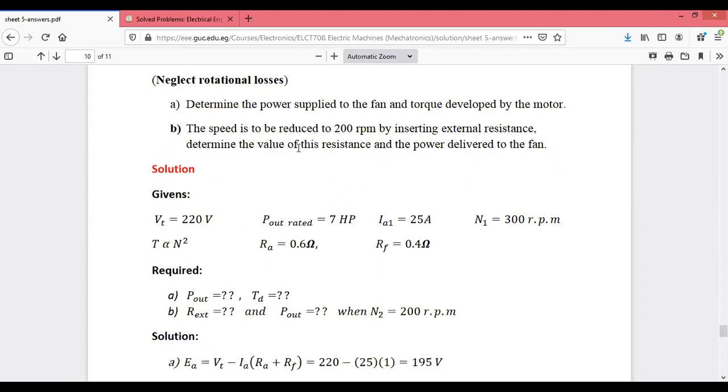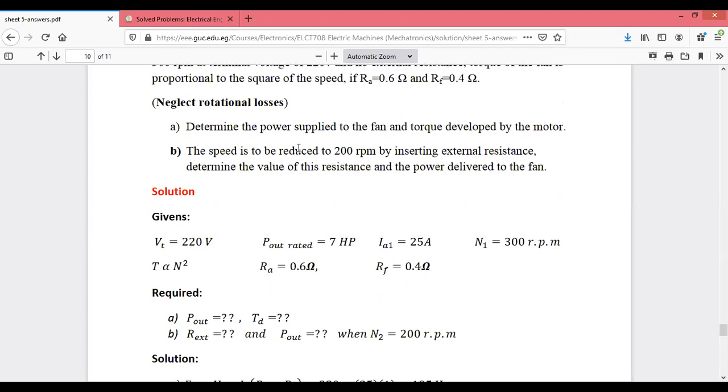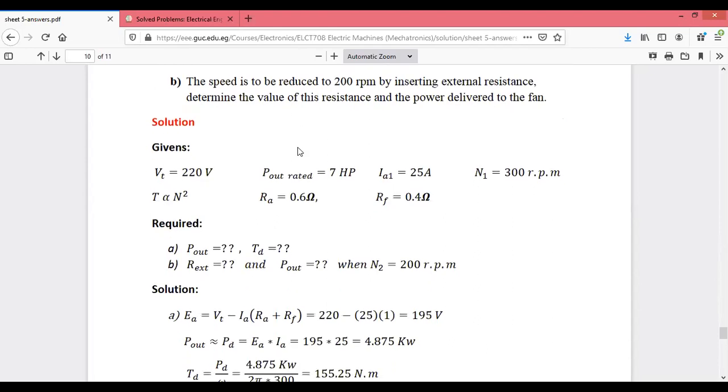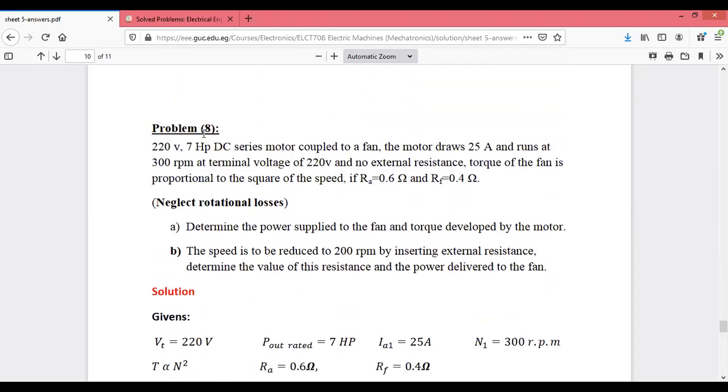Firstly, we will try to solve question A. We have the circuit, which is a DC series motor. So your EMF equation will become V equal to IA into bracket RA plus RF plus EB.